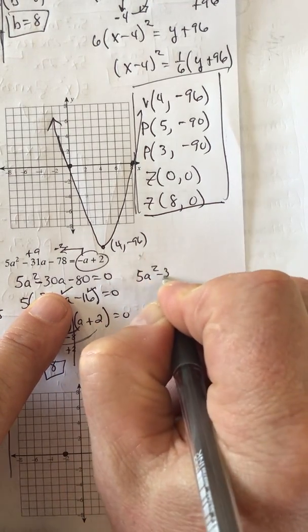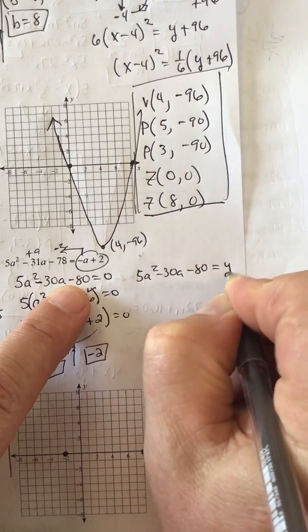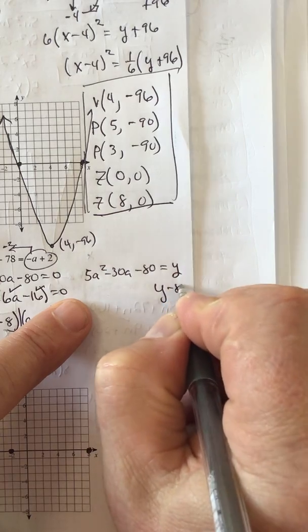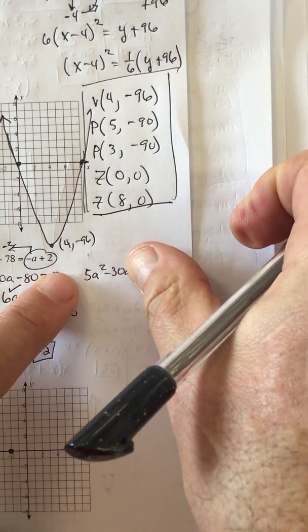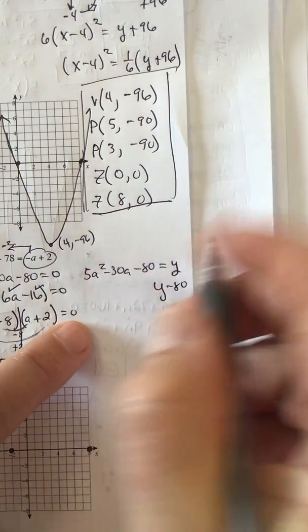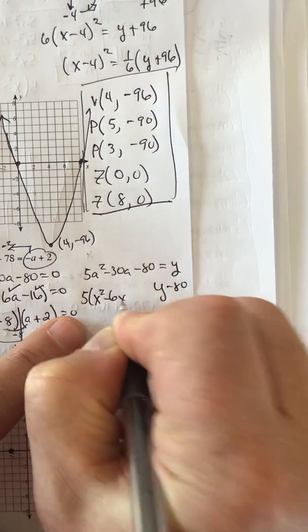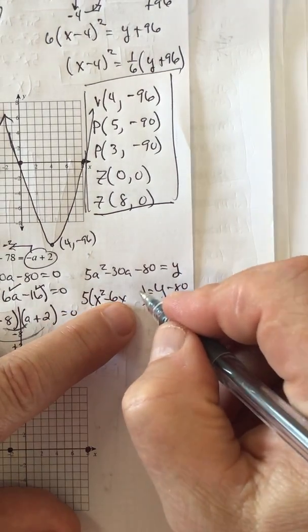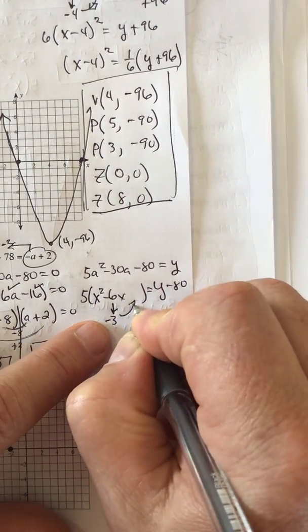5a squared minus 30a minus 80 equals y. Move over the 80. If I move over the 80, I have that. So I'm going to factor out the 5. Dividing both of those by 5 leaves x squared minus 6x. I'm leaving a hole because I need to have half the 6, negative 3, squared in that hole.